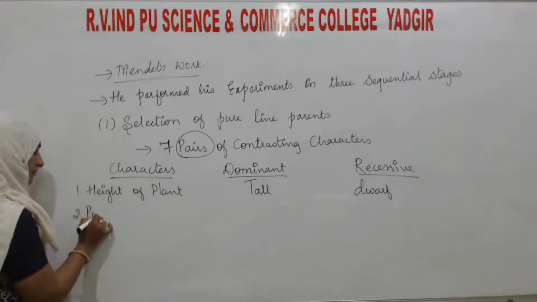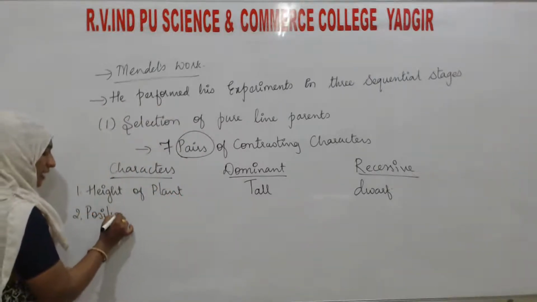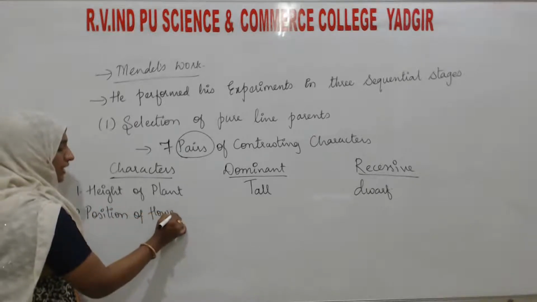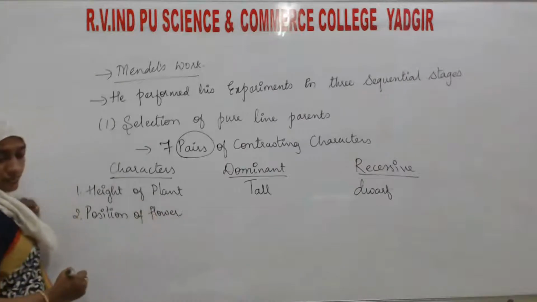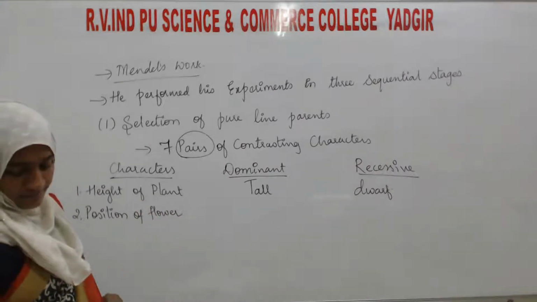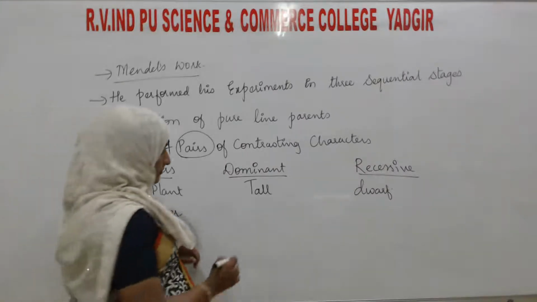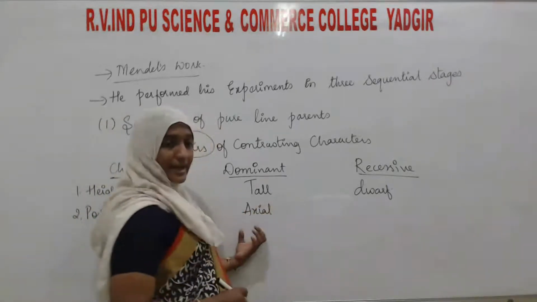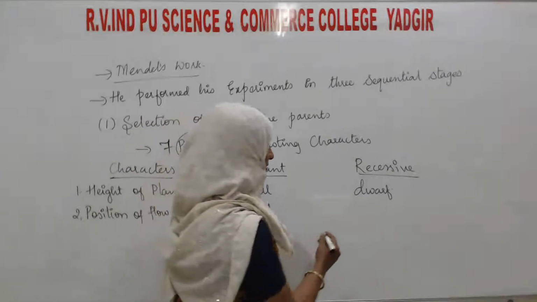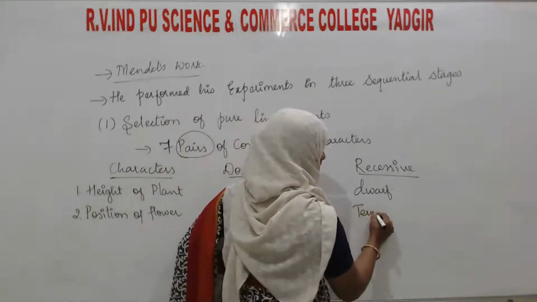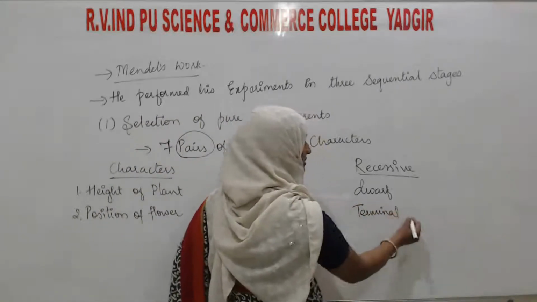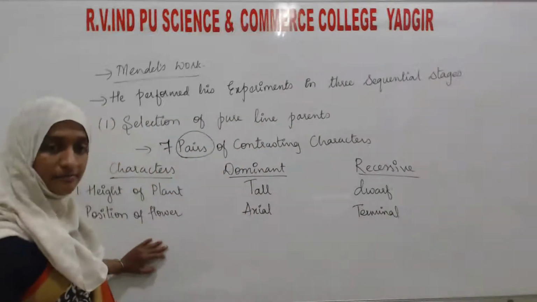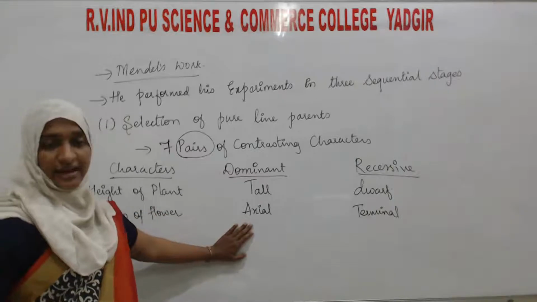The next one: position of flower on a plant. Where are these flowers going to be located? One is axial, and the other is terminal. Terminal is the recessive character according to the position of flower, and dominant is axial.